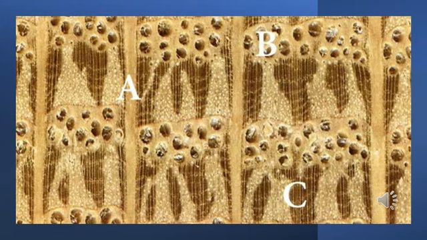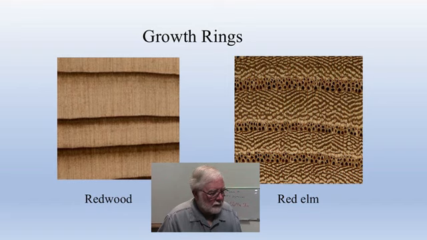I'll see that here a little bit later. You see here's a redwood, a conifer. You can see the annual rings. Softwood has a different cell structure than a hardwood. The early wood cells are larger and wider, but the late wood are small and more condensed. That's why they're dark.